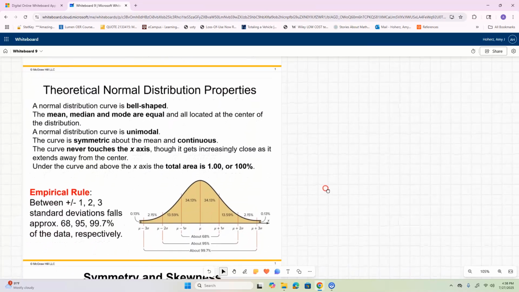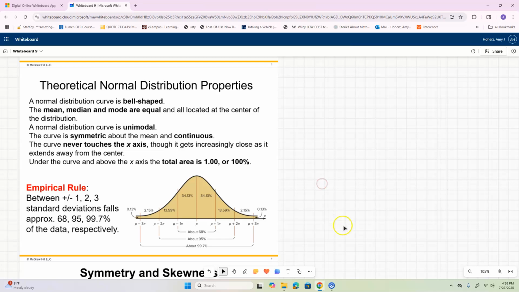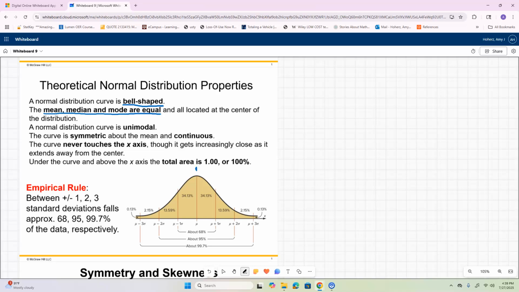So more about the theoretical normal distribution properties. As we mentioned, a normal distribution curve is going to be bell-shaped. The mean, the median, and the mode are all equal, and they're all in the center. So this spot right here in the center is going to be not only the mean, which it says here at the bottom and we talked about above, but it's also going to be the median and the mode.